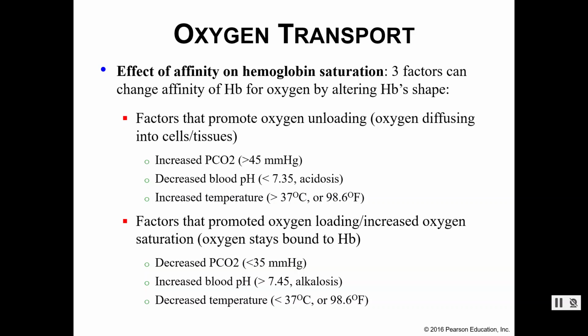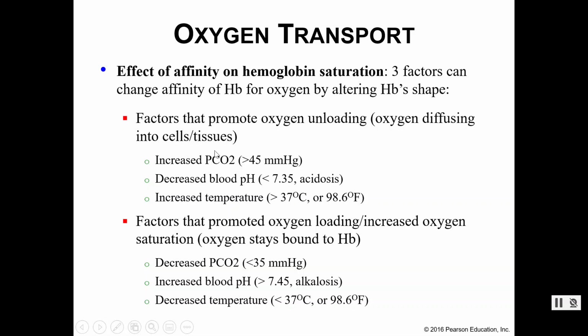They're just going in opposite directions. So, factors that promote oxygen unloading, which means we're going to take the oxygen from the hemoglobin, we're going to put it in the tissues. We're going to use the oxygen. So those three things are going to be increased carbon dioxide levels, decreased blood pH levels, or increased temperature levels. So, let's talk through these.